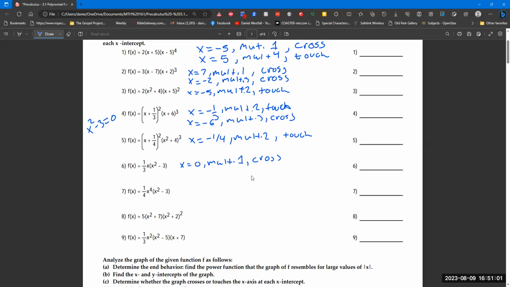And while that doesn't break down into any fractions, I can solve that: x squared equals 3, x equals plus or minus √3. So we have x equals positive square root of 3 with a multiplicity of 1, and it's going to cross there. And x equals a negative square root of 3 with a multiplicity of 1, and it's going to cross there.